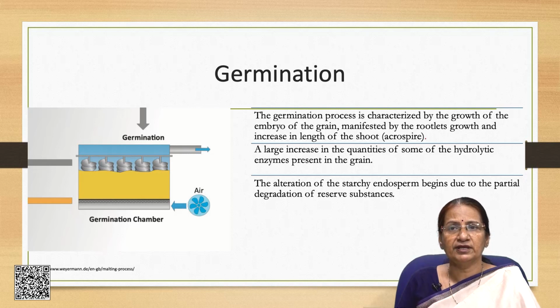A large increase in the quantities of some of the hydrolytic enzymes present in the grain is one of the essential changes of modification. The alteration of the starch endosperm begins due to the partial degradation of reserve substances, cell walls, gums, proteins and starch.